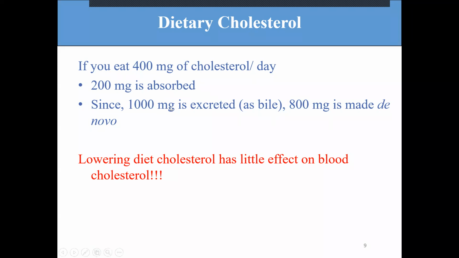Which means if you take 1,000 milligrams, subtract the 200 that you got from your food, you're making 800 milligrams inside your body. What that means is if you lower your dietary cholesterol, your blood cholesterol isn't really going to change, since most of it is made inside your body.